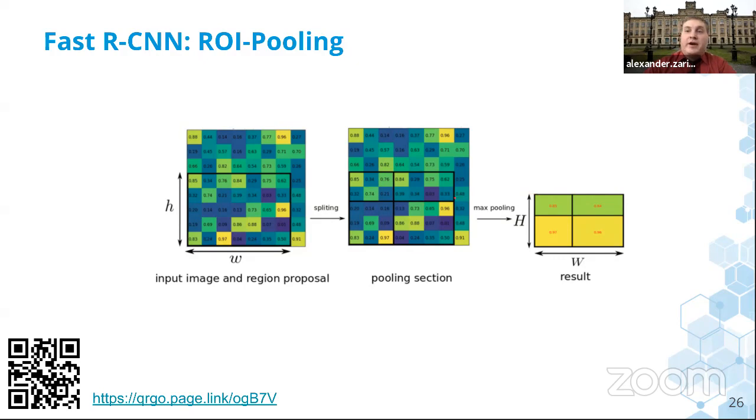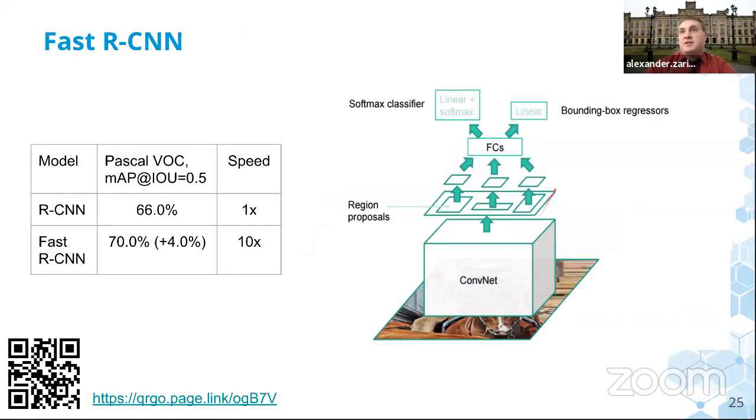I want to highlight that both max pooling and the splitting algorithm are fully differentiable. So when we incorporate this ROI pooling algorithm in our network, we can train the whole architecture in an end-to-end fashion, and hence improve both speed and quality of our model.